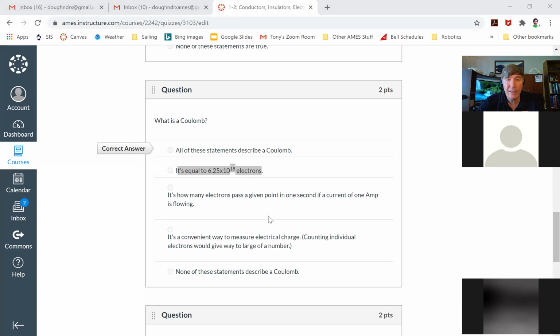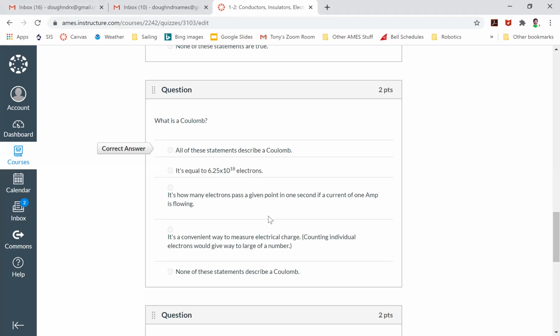But also, a coulomb is defined by a current of 1 amp flowing. A current is a measure of how many coulombs per second are flowing through a wire. So if you've got a current of 1 amp flowing in 1 second, you've got 1 coulomb of electrons. Now, if you had 2 amps, then you would have 2 coulombs of electrons.